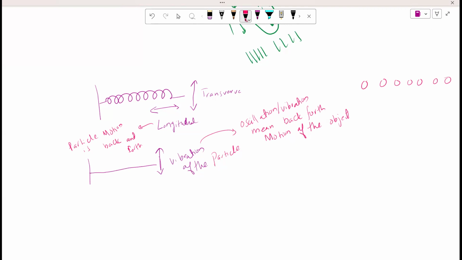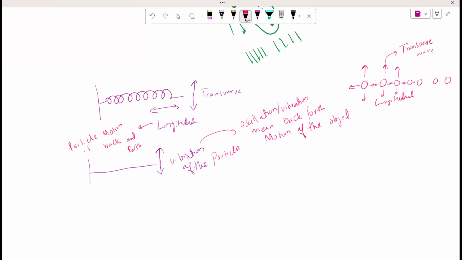Solid or liquid or gas, everything is made up of something. अगर all particles are moving like this, back and forth, तो ये longitudinal होगा. ठीक हो क्या? अगर particle ऐसे up and down move कर रहा है, तो this type of motion would be known as a transverse wave.